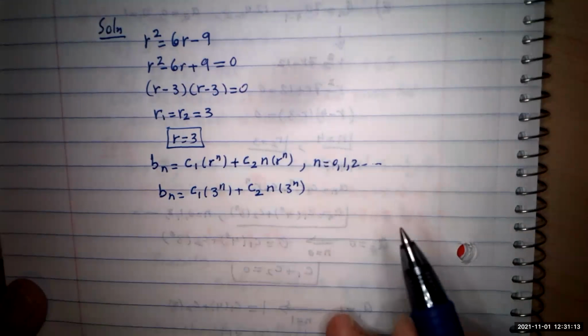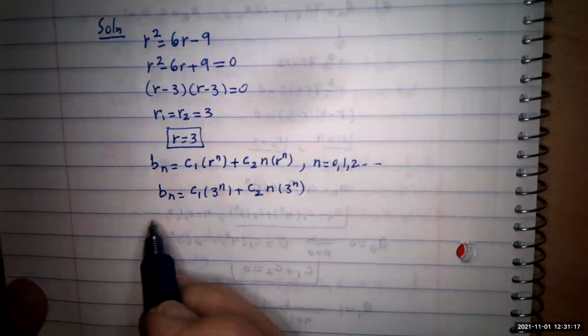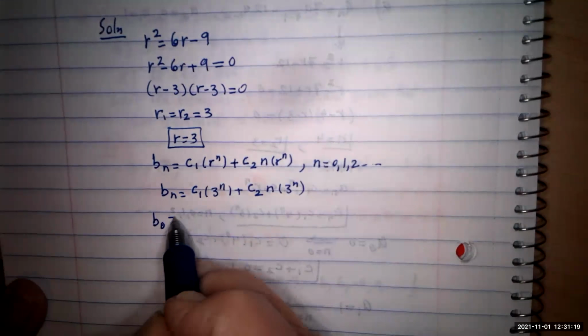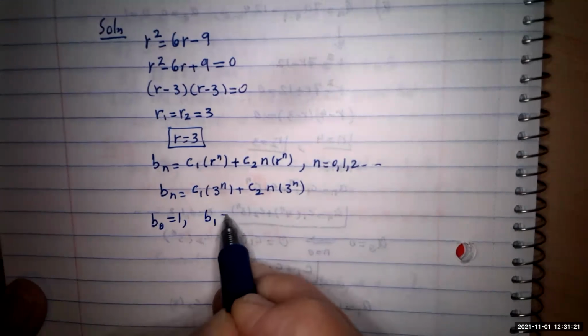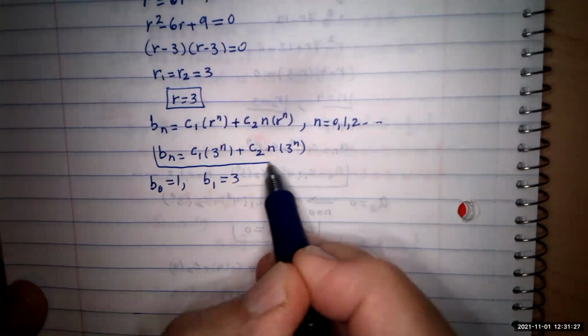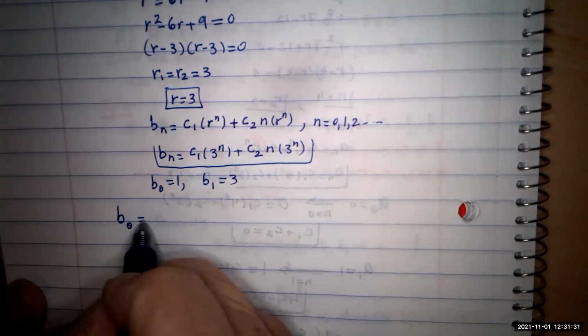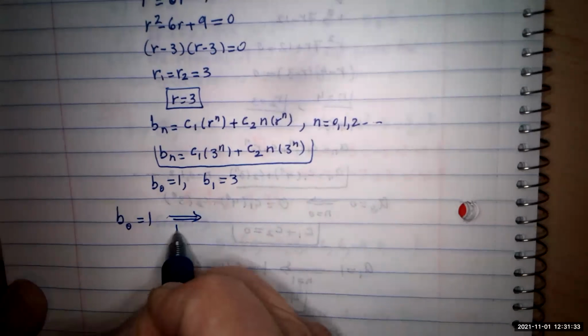Okay, but you have initial conditions. b_0 is 1, b_1 is 3. Check these initial conditions in this form. b_0 equal to 1 means you replace n by 0.